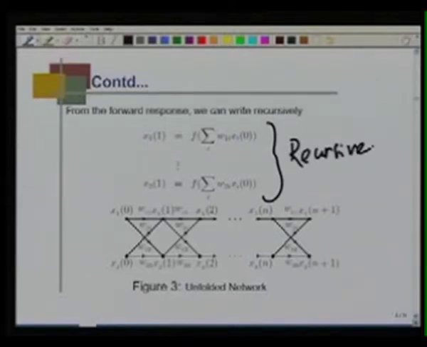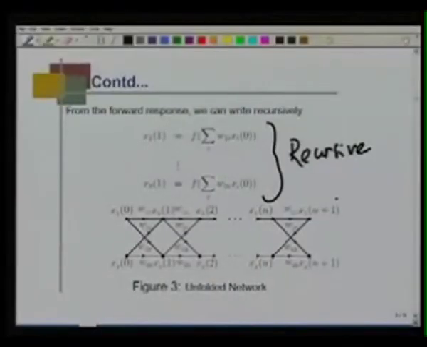What I am trying to do is represent the response of the network at a specific time, say t equal to 1, in terms of t equal to 0. Similarly, response at t equal to 2 in terms of t equal to 1, and we unfold the network according to the application, okay. So, n plus 1 time step we go and expand the network.